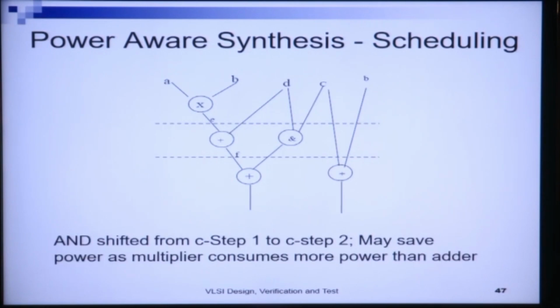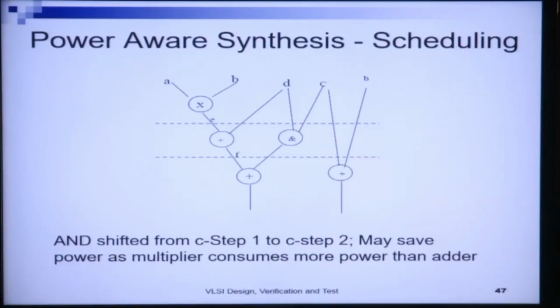Now, we take another schedule in which we take the AND operation to time step 2. When this AND is shifted from C step 1 to C step 2, we may save some power as the multiplier consumes more power than the adder. Because the multiplier consumes more power than the adder, the summation of the powers consumed by the addition and multiplication here may be more than the summation of the powers consumed by the two adders here.